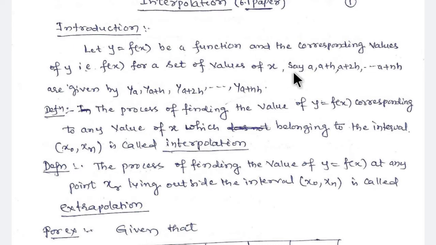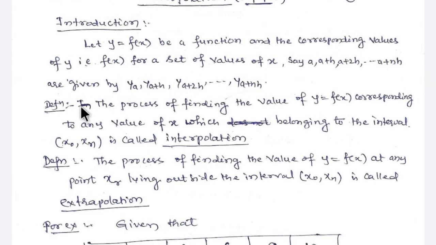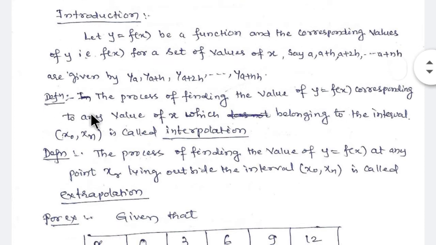If you give x equal to these values, the values are given by f of a, or this can be written as y subscript a, y subscript a plus h, or f of a plus h, y subscript a plus 2h, etc., y subscript a plus nh. Okay, so you see how to define this definition.